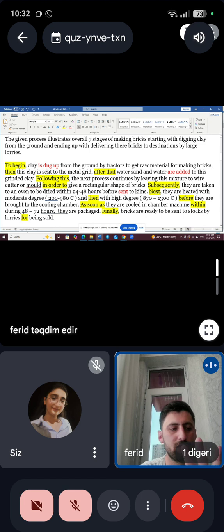There are 3 requirements. Firstly, you must write all the sentences in passive voice. Secondly, you must know sequential orders: to begin, following this. Thirdly, you must make academic complex sentences.